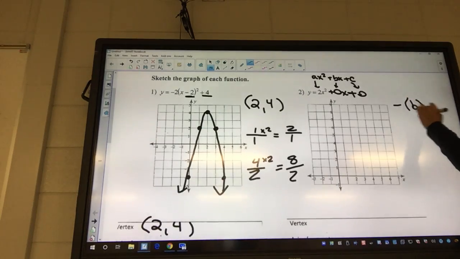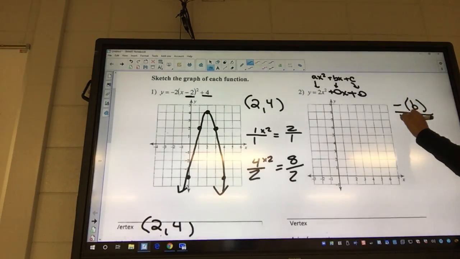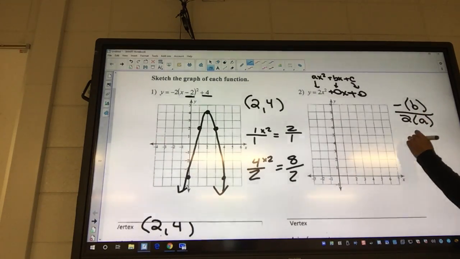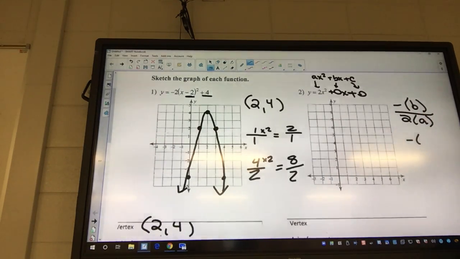Negative b over 2a. What's our b? Nothing, so it's a 0. Over 2, and our a is 2. So when you type that in, you're gonna get a 0.